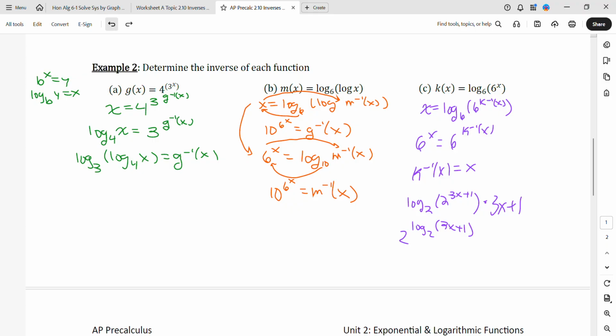Like the base of the logarithm is a variable? Like log base x of 3?